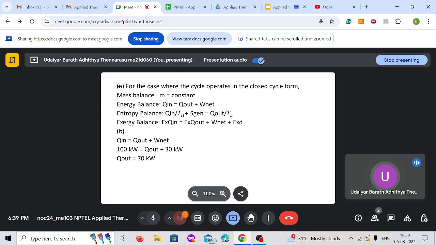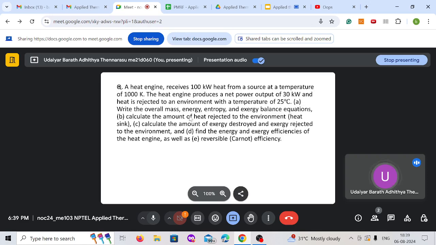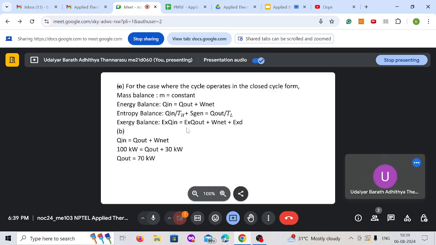Next is the entropy balance. The entropy input because of the heat addition is Q in by Th. Assuming it occurs at constant temperature, then S generated equals Q out by the sink temperature. Similarly, subtracting T naught times the entropy balance equation from the first energy balance equation, you will get the exergy balance equation.